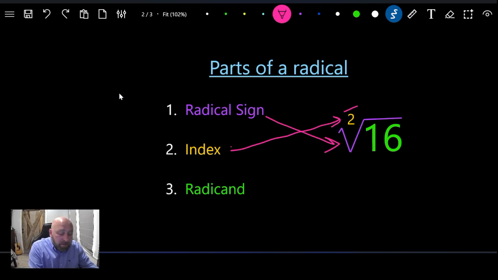The index is the number that goes outside of the radical sign. And then we have the radicand, and the radicand is the number that's inside of the radical sign. Make sure that you're familiar with those words, because you will hear me say them quite a bit. Make sure that you know what each one of those different pieces of the radical are.